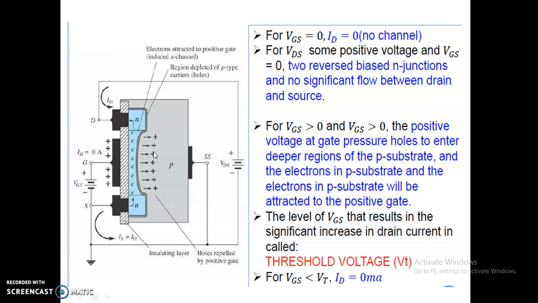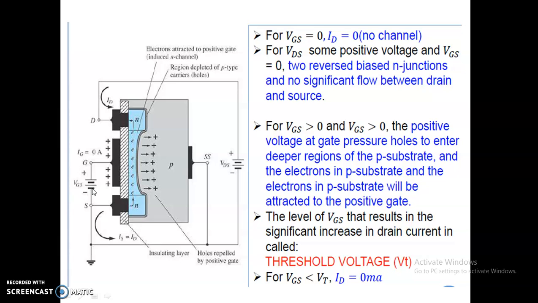As we increase the positive VGS, the number of electrons gathered near the SiO2 layer will increase. The electron concentration near the SiO2 layer increases to such an extent that it creates an induced N channel, which connects the N-type doped regions.